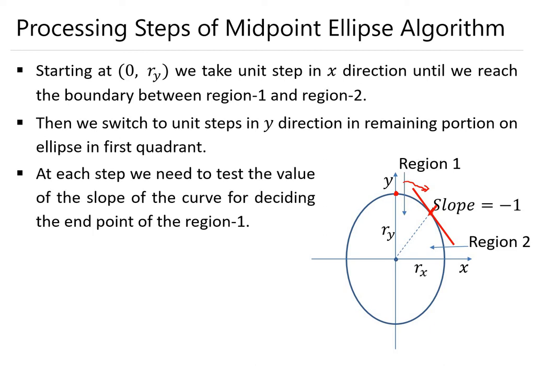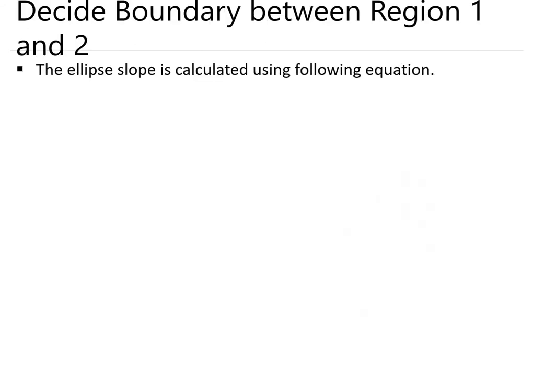At each step, we need to test the value of the slope of the curve to decide the endpoint of the region. So whether the slope is -1 or not, we have to test all the time in the unit step. This is the boundary between region 1 and region 2. The ellipse slope is calculated using the following equations. This is the slope calculation formula.